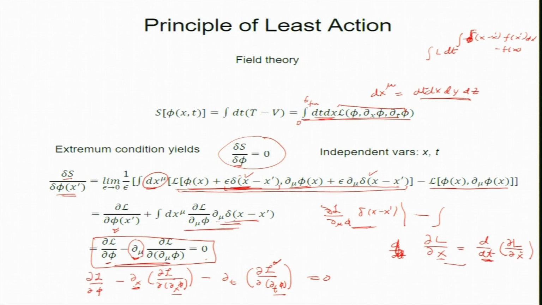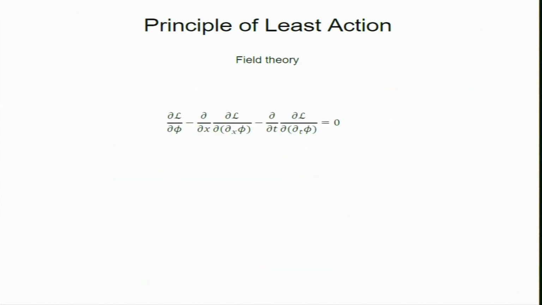Now let us apply this to a string. I know the Lagrangian, so I should be able to derive the equation. This is what I had written in the last slide, for a 1D non-relativistic string. The relativistic case has only some minor changes, where you need to keep track of covariant and contravariant indices, but let us not think about that right now.